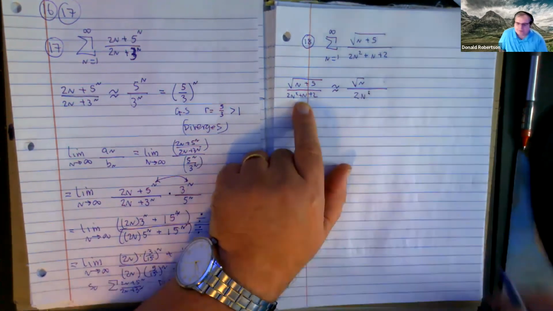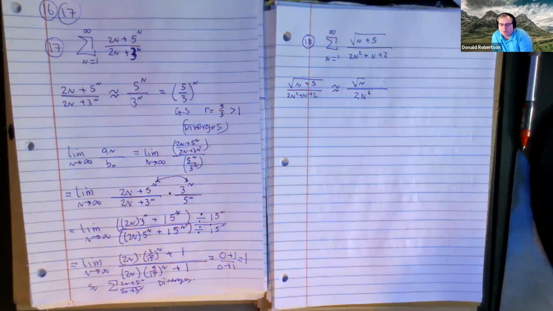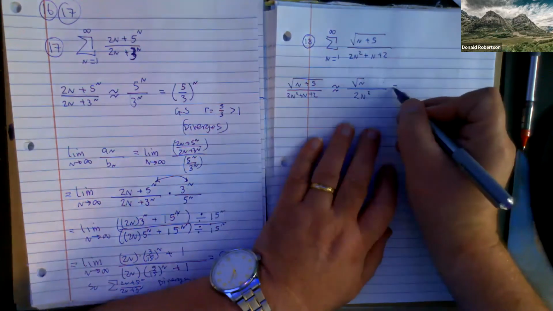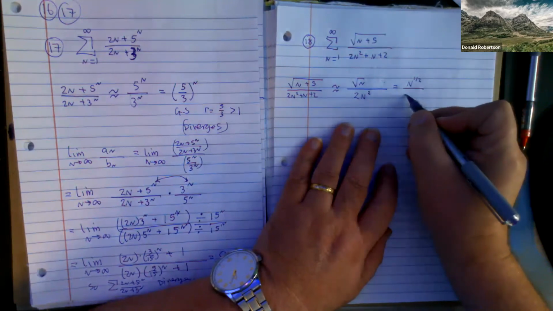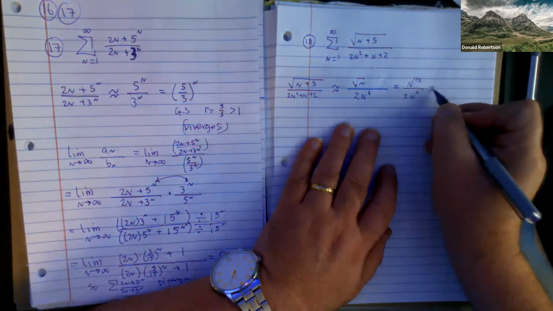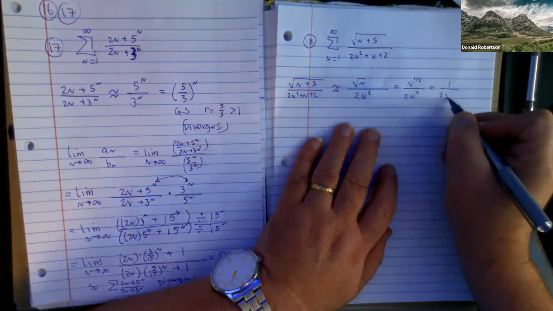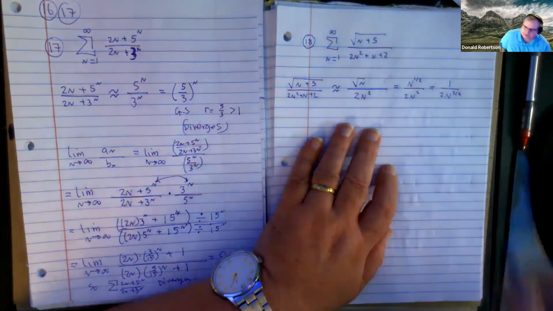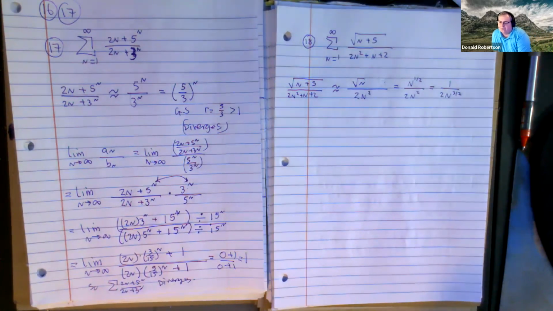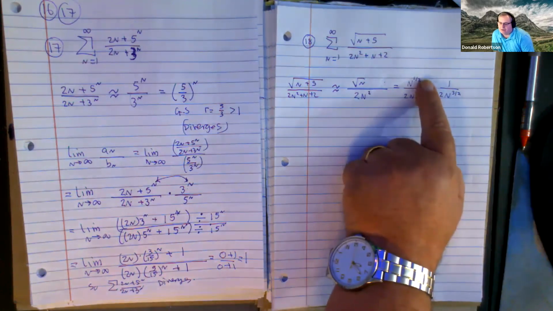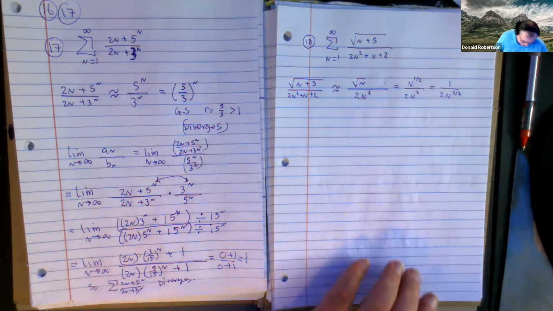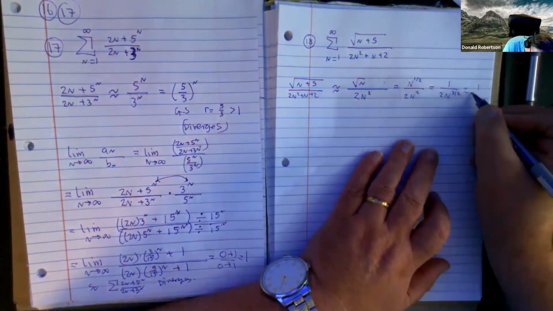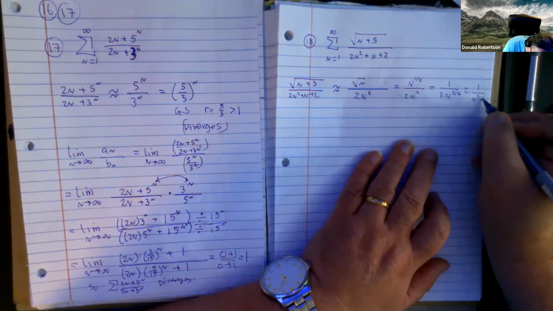Now, on the bottom, that one we've done enough of to be pretty straightforward. The bottom is 2n squared. Now, if I call this guy n to the 1/2 and this guy n squared, can you see where the 3/2 is coming from? n to the half on top, n squared on the bottom, do a quick little division, you get this. And I don't like 2's, so I'm going to call it that guy.